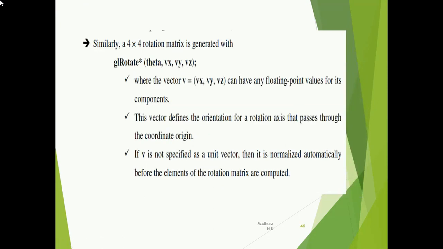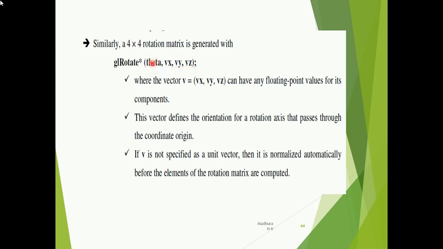Similar to the translation activity, for rotation also your matrix will be in the form of a 4 by 4 rotation matrix. If you want to call the rotation function, you call glRotate with an asterisk sign, and then theta, vx, vy, vz.